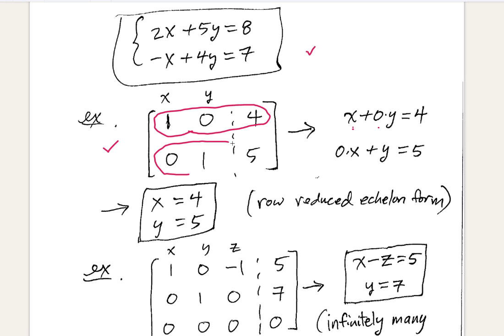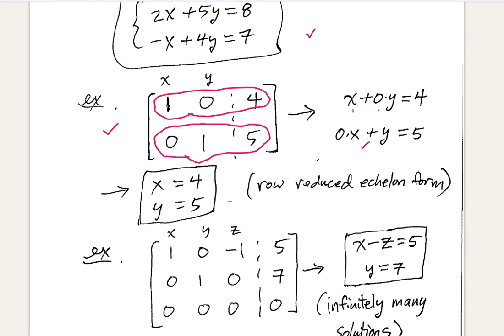What is that saying? 0x and 1y is 5, as I've written over here, but that really means that y is 5. So this is a fancy way of saying x is 4, y is 5. And that's the type of thing we want in our solutions, right? We want to, if possible, just read off our solution, x is 4 and y equals 5 or whatever.